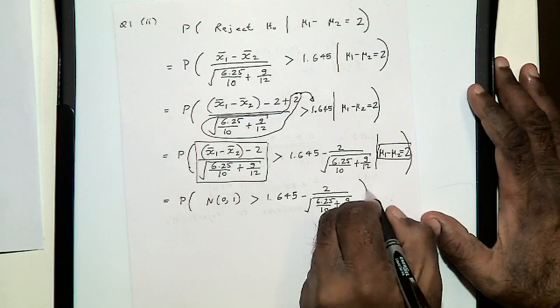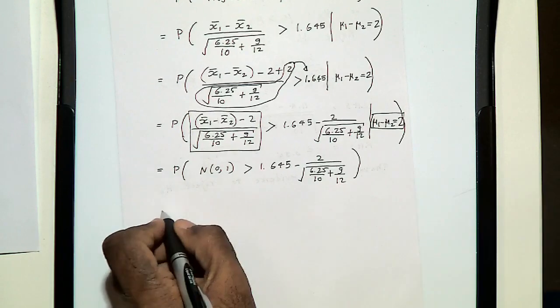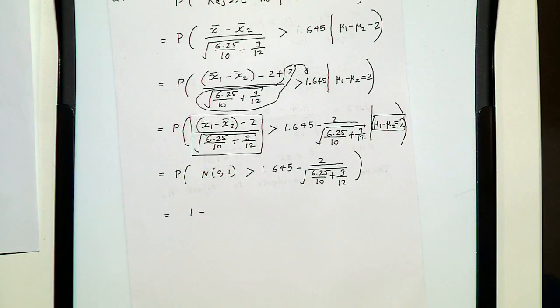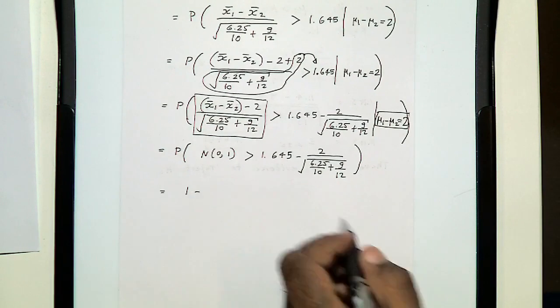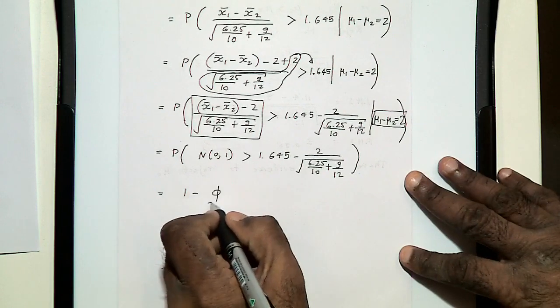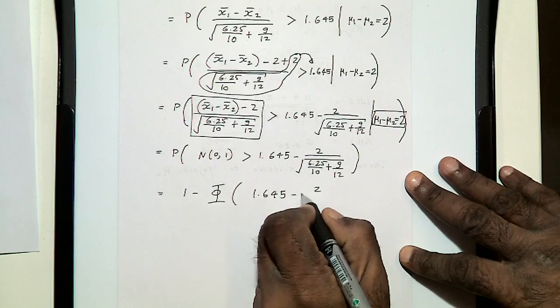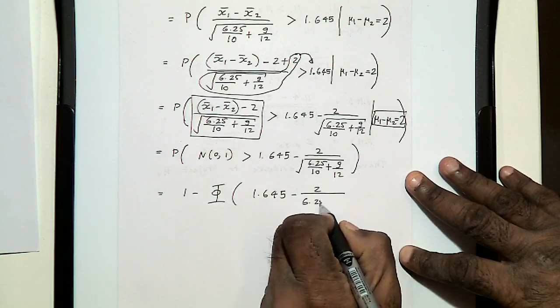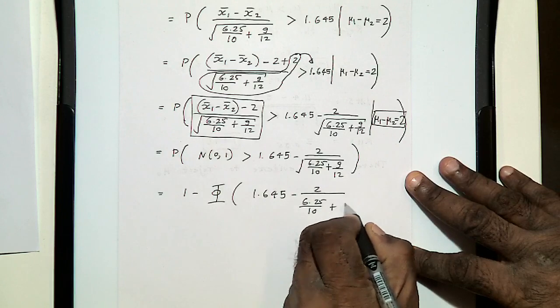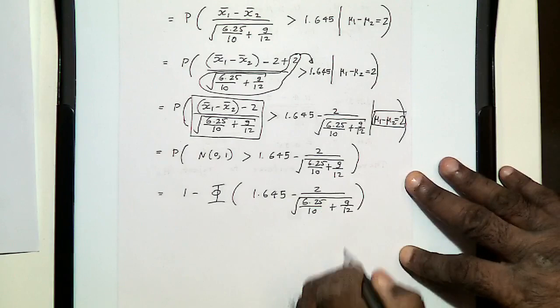Okay, now we don't need the conditioning anymore because we have used it, right? And this probability you can write as 1 minus the probability that N(0,1) is less than or equal to this, which is simply 1 minus phi at 1.645 minus 2 divided by the same denominator.